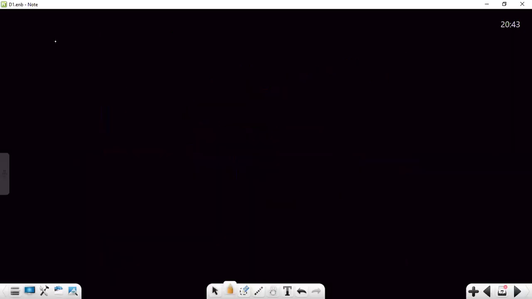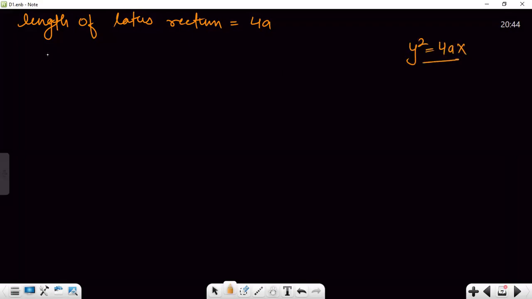So let me write everything here. The length of the latus rectum for a parabola is 4 times a, when our equation of the parabola is y square equals 4ax.